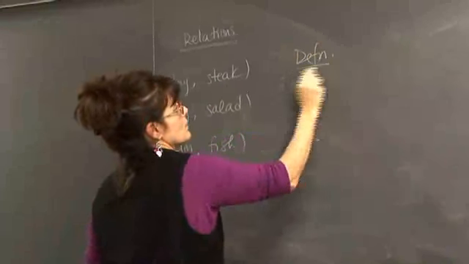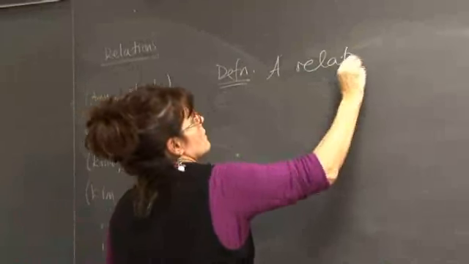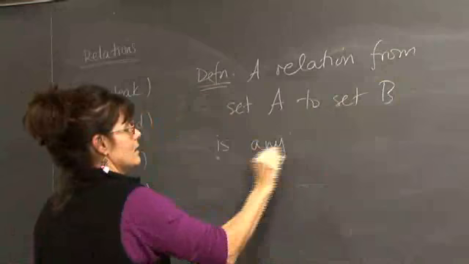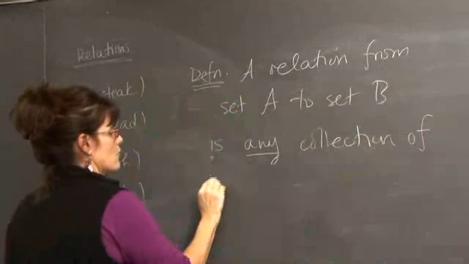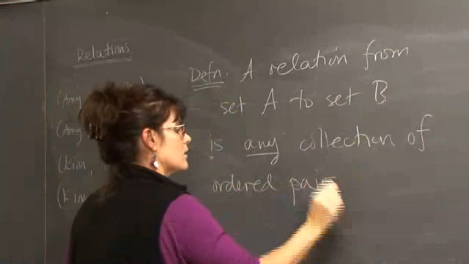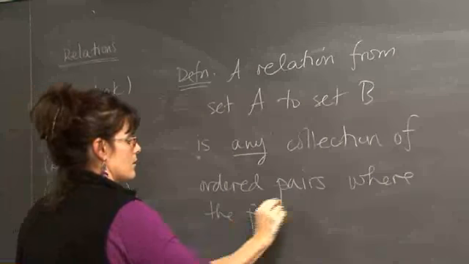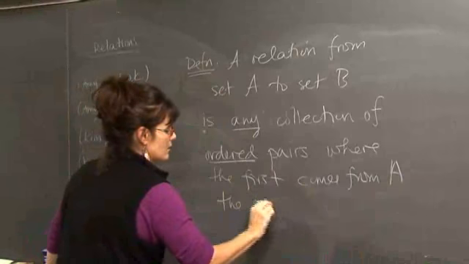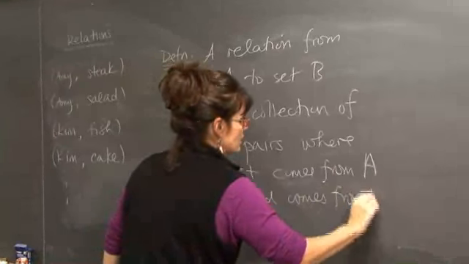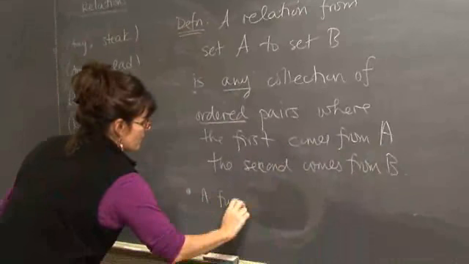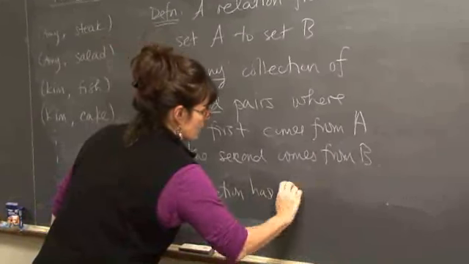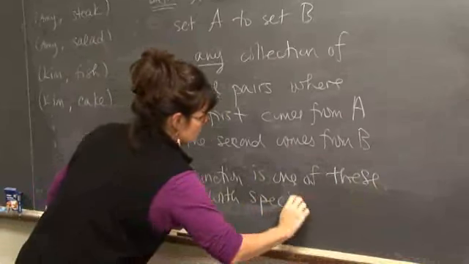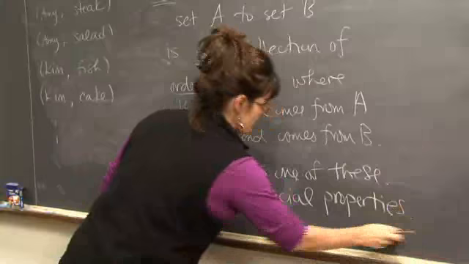This is a real mathematical definition: a relation from set A to set B is any collection of ordered pairs where the first comes from A, so ordered means I'm picking this order, and the second comes from B. And then we'll see that a function is one of these with special properties. And that's how I want you to go into the first week challenge and the first week notes.